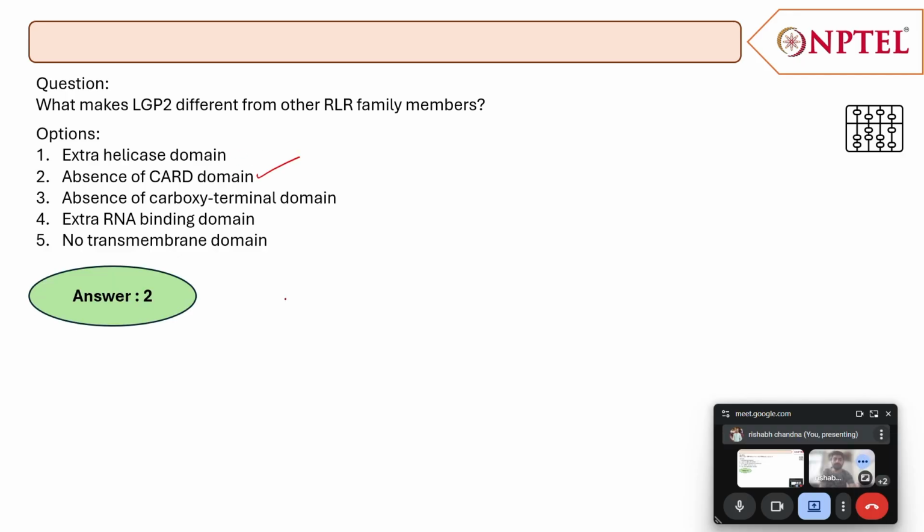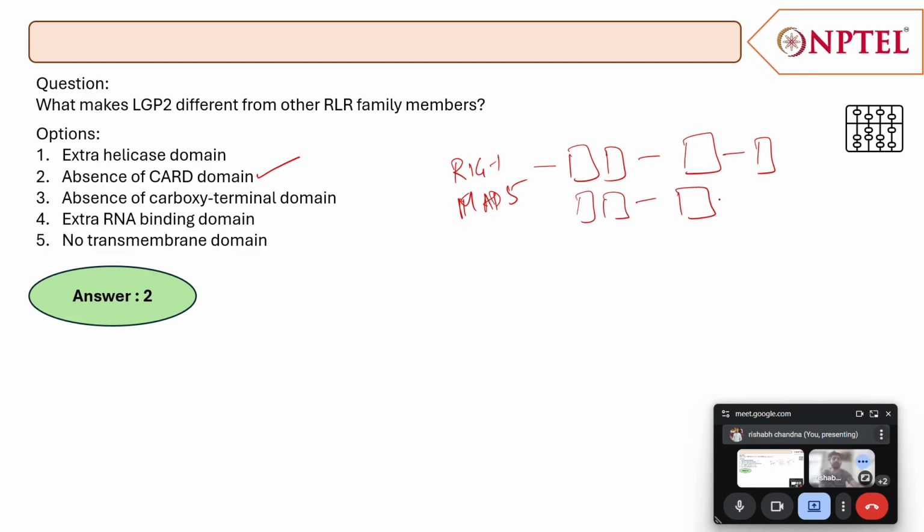RIG-I and MDA5 both have a CARD domain, then they have the helicase and the CTD. Okay, so both have a similar structure, but LGP2 does not have a CARD domain, it has directly the helicase and the CTD. Okay, so there is absence of the CARD domain.